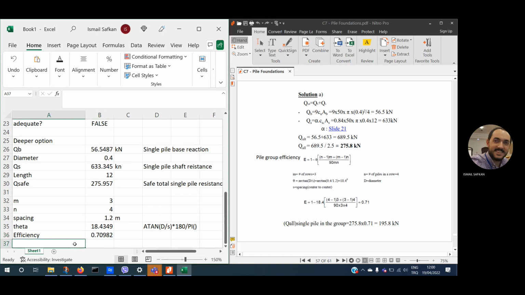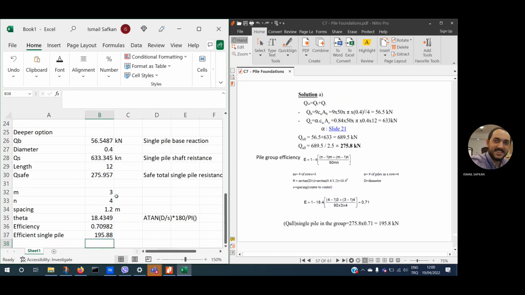Then efficient single pile is this times what we initially calculated as total safe resistance, and the unit is kilonewton.